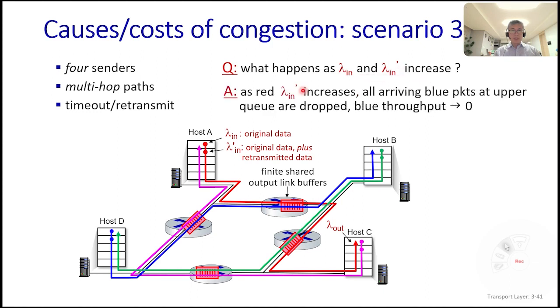The answer: as the red lambda in prime increases, the blue connection here is shared with red. So blue packets at the upper queue are dropped because the red packets occupy this link. The blue throughput goes to 0.